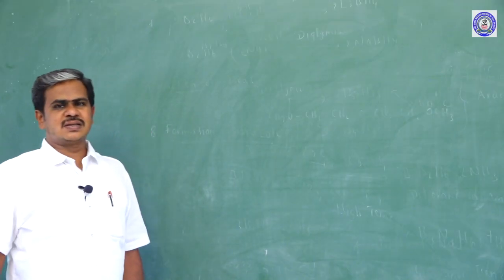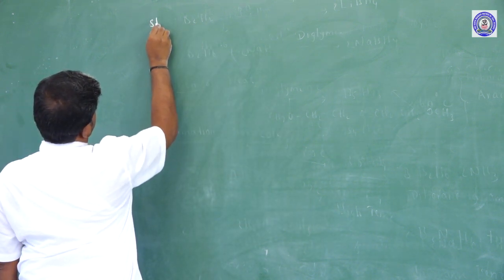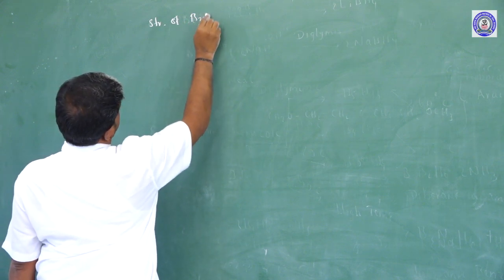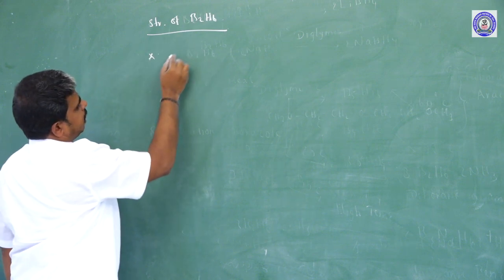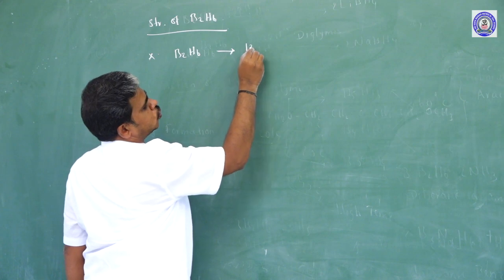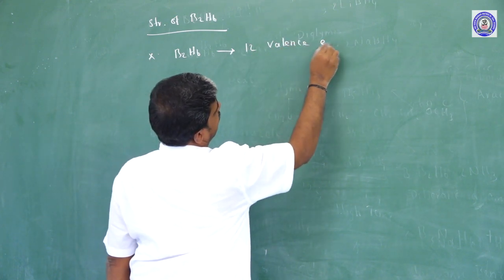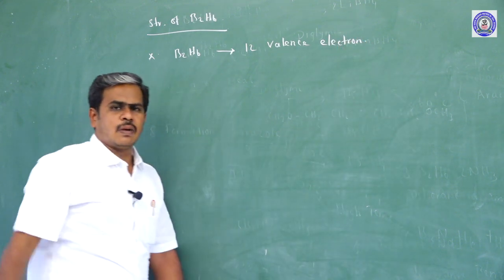Now let us discuss the structure of diborane, B2H6. It has 12 valence electrons. How is it 12 valence electrons?